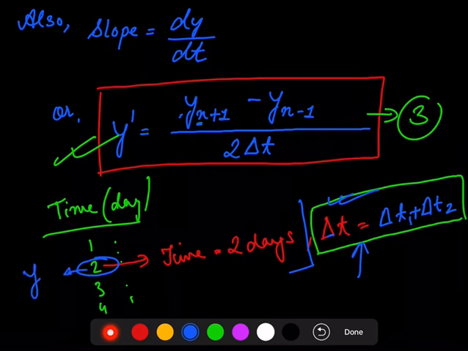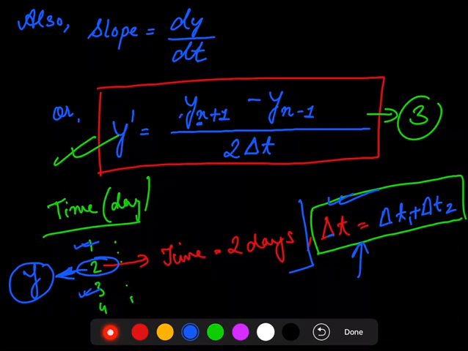Then y n plus 1 will be this value, and n minus 1 will be this value. This will be clear when we solve a numerical.